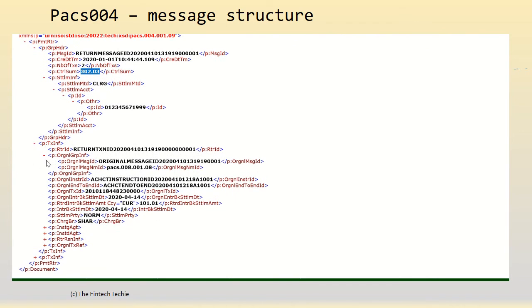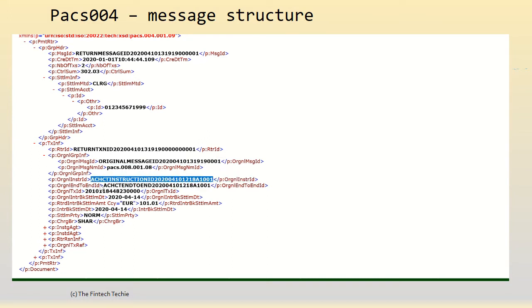Here, as you can see, you have the original information. All these tags are original information. The first one is the original message ID of the pacs.008 message. Now as we know, pacs.008 can contain multiple transactions. So this particular one is the instruction ID which has been returned.